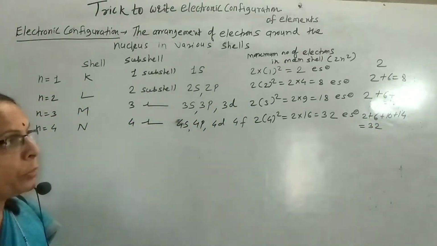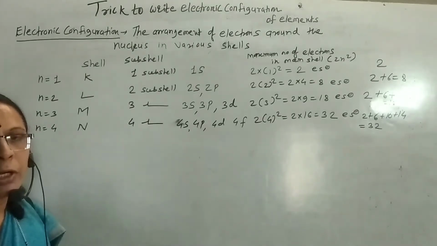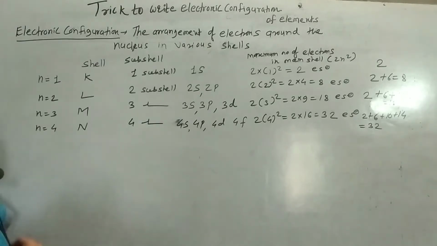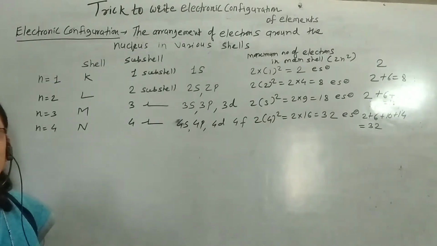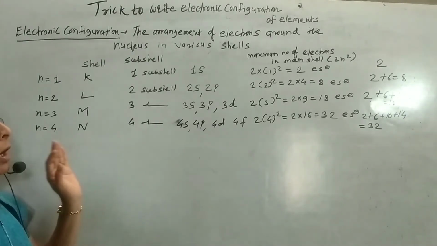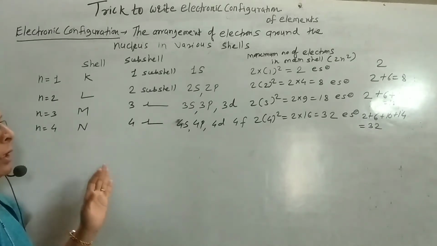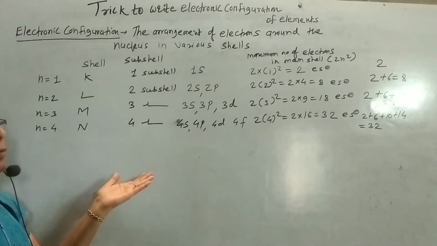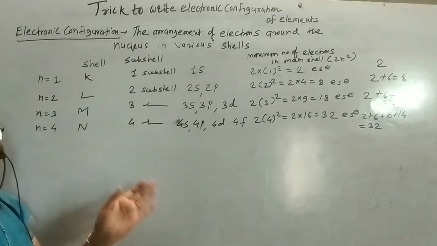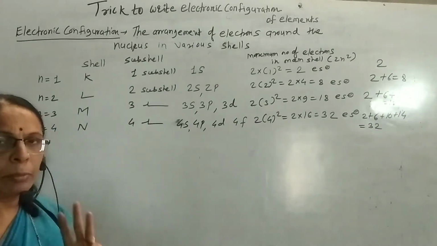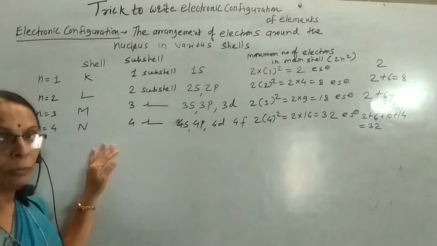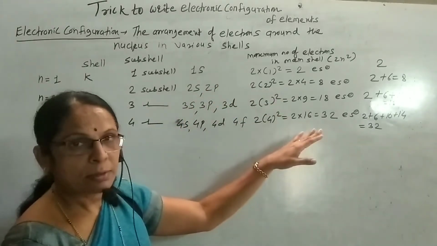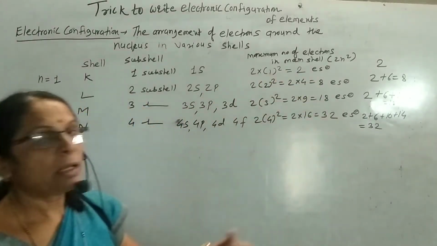Like this you can check the maximum number of electrons in each main shell. Before drawing the electronic configuration of an element, we must know how many electrons are present in each main shell, each subshell, and what is the capacity of each orbital. Today we are discussing 3 main points: the main shell has subshells, and subshells have orbitals, and these subshells are SPDF.